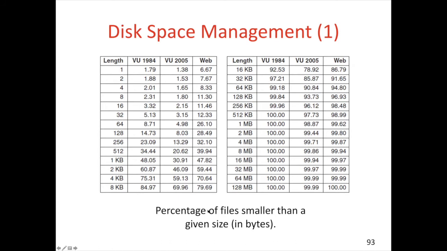Here, the percentage of files smaller than a given size in bytes is given. In the first column, the length of the files is given. This is the percentage of the files smaller than this size in 1984. And here is the percentage for 2005 and also for web.